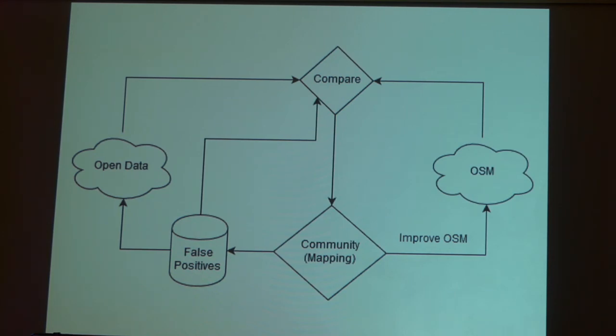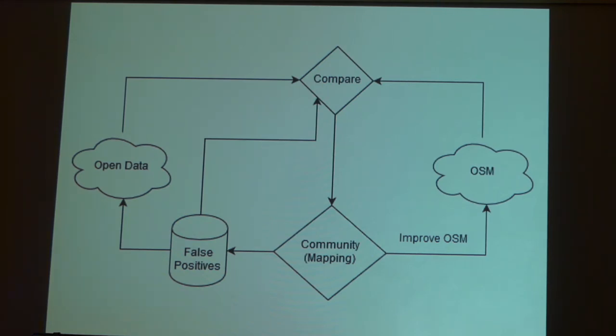So the diagram behind that is that we have the open data coming from the government on one side, we have the OpenStreetMap data on the other side, we do some magic comparison, and that comparison is output to the community. They do some mapping, and when they do some mapping they generate more open data, which can be used by the government to improve their data.